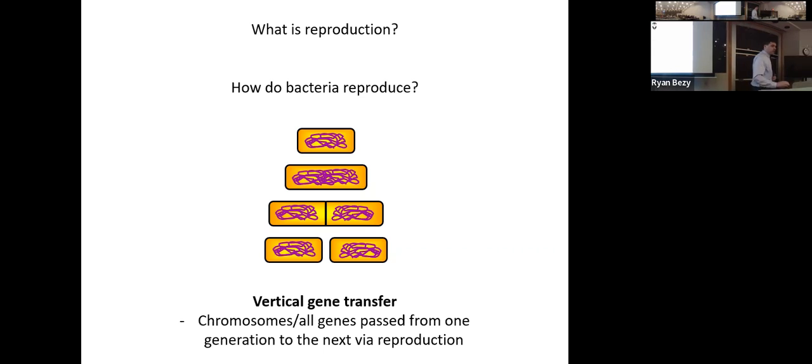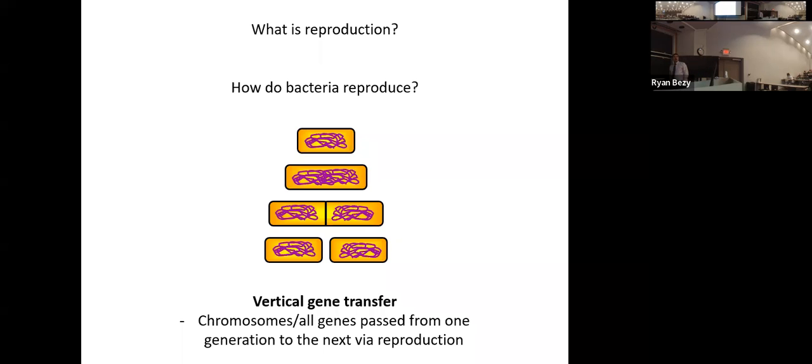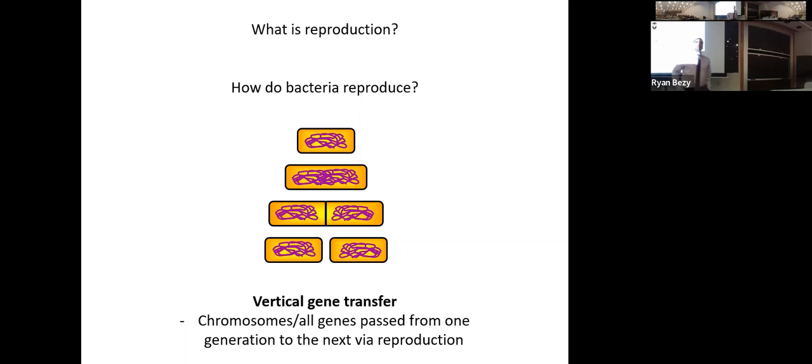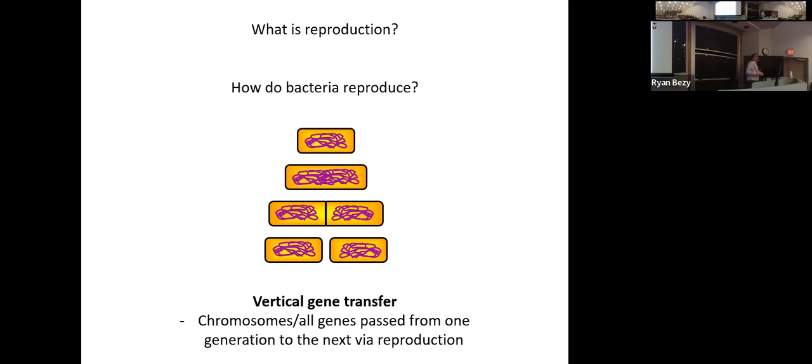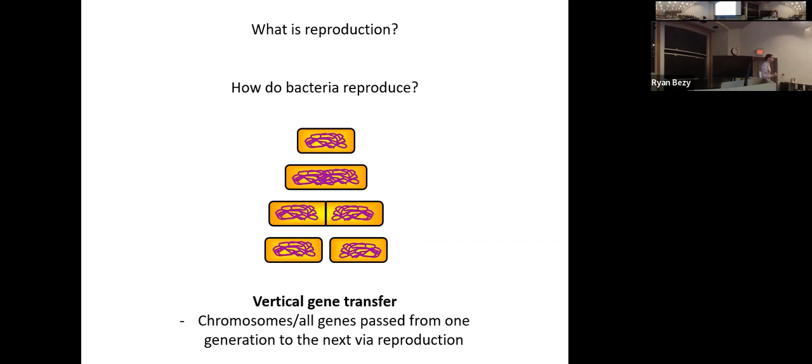Vertical gene transfer is where all of the chromosomes, all of the DNA, go from one generation to the next via reproduction. So vertical gene transfer is about reproduction, because you're going from one generation down into the next generation. Sexual or asexual reproduction is collectively sometimes referred to as vertical gene transfer.